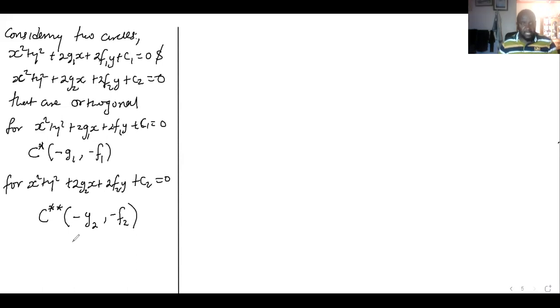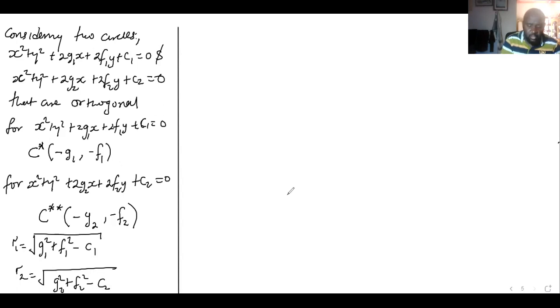Now, if I want to get the radii, radius R1, remember it comes from the square root of g1 squared plus f1 squared minus c1. Then radius R2 will be the root of g2 squared plus f2 squared minus c2. Then having confirmed those two, we can go ahead and also get D.